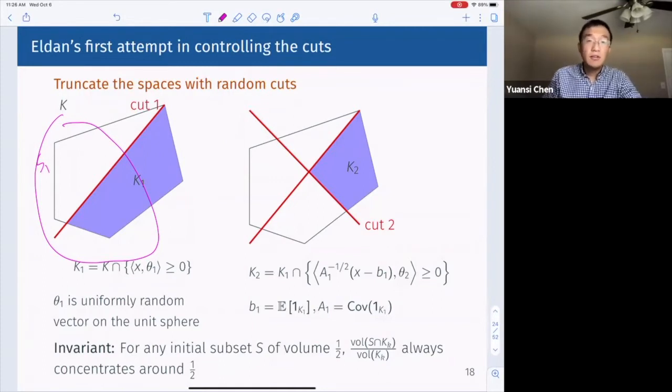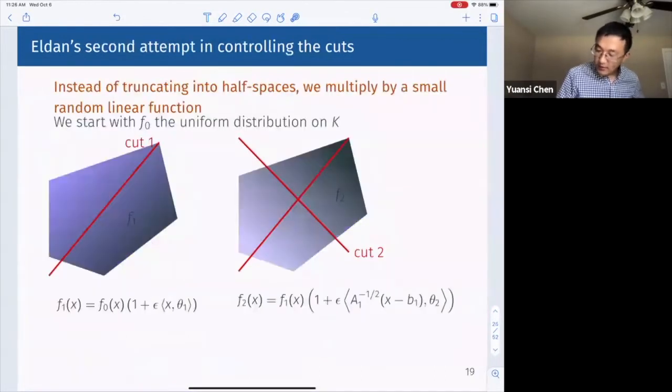So that invariant is good, but you still don't have much control of how the final density looks. Many things are still unknown about this process, but he abandoned this idea and tried a second attempt.